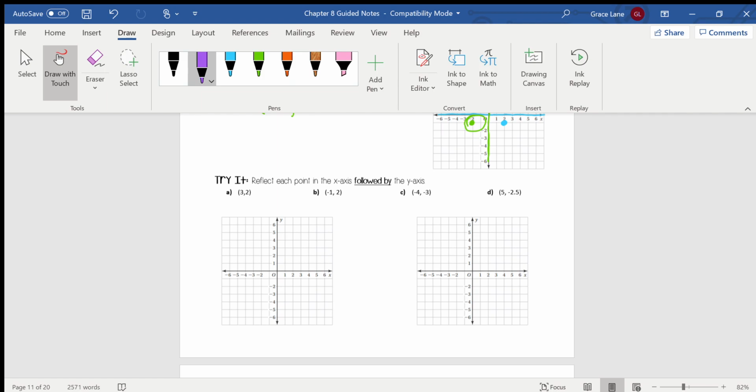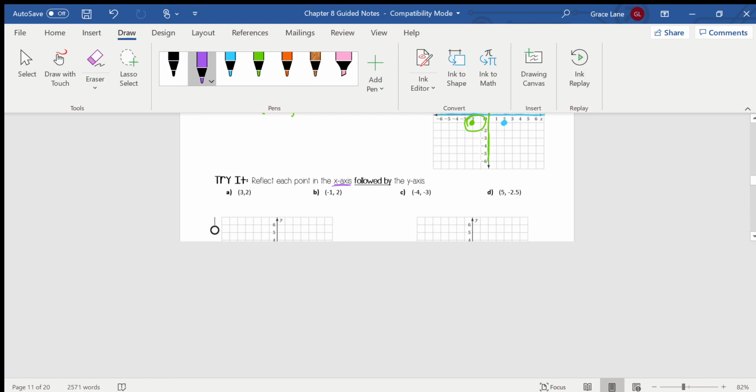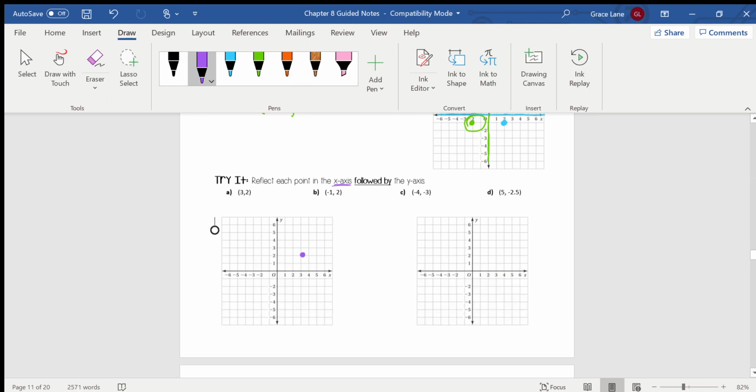Okay, so number 12, for 3, comma 2, it would be right here. So that's the first point. And then it says again the x-axis first, followed by the y-axis. So I'm going to label this point number 1.